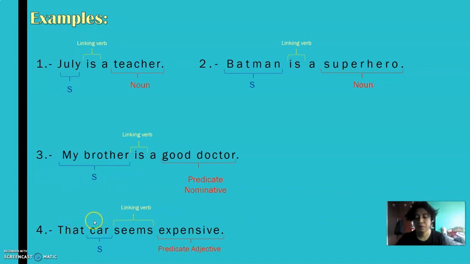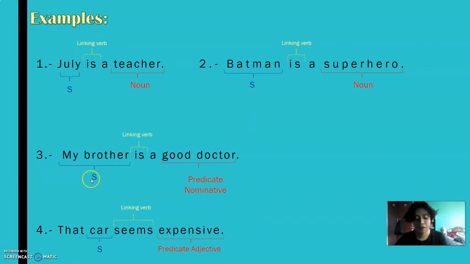Car is the subject, seems is the linking verb, and expensive is the predicate adjective. This part is important because it describes the quality of the object and modifies the subject.